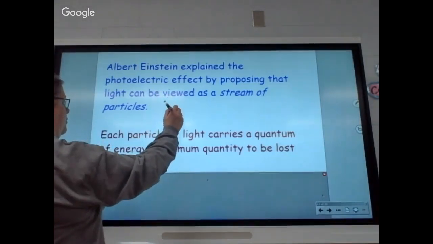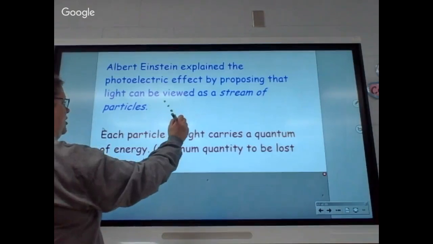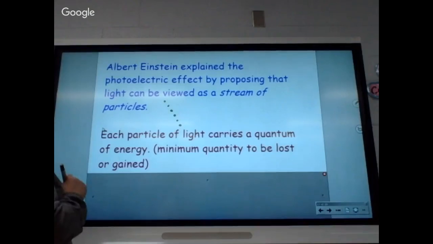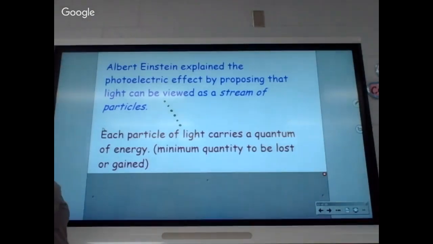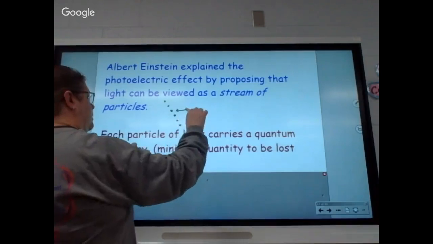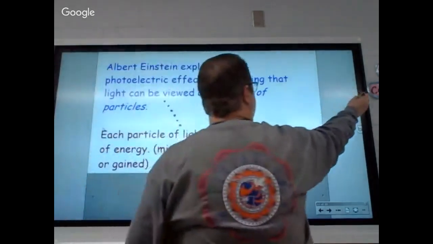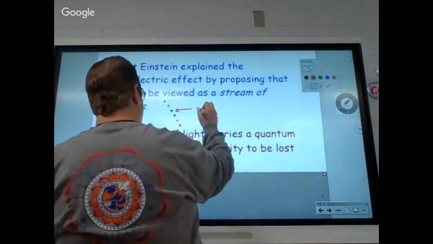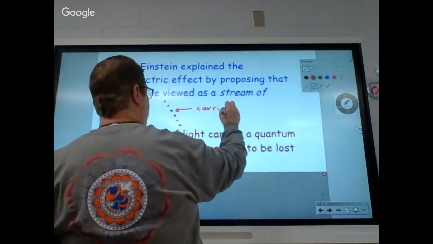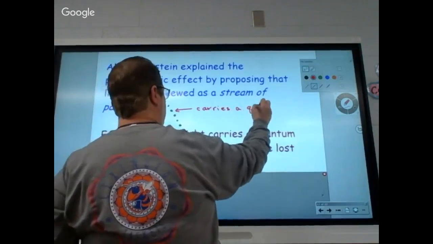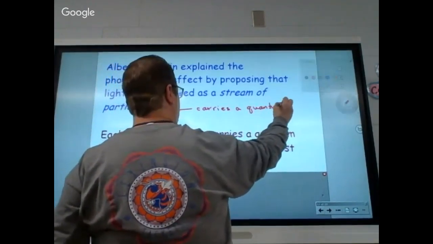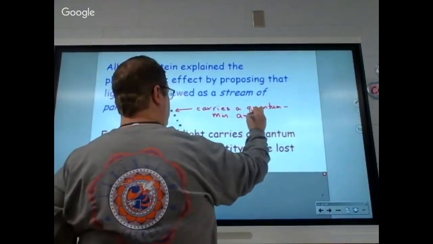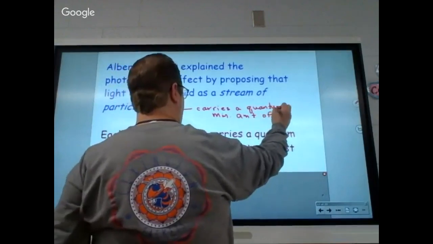All right, so again, Einstein is just like Planck in that he's got a stream of particles. Okay? Now, each of these carries a quantum, or a minimum amount of energy.